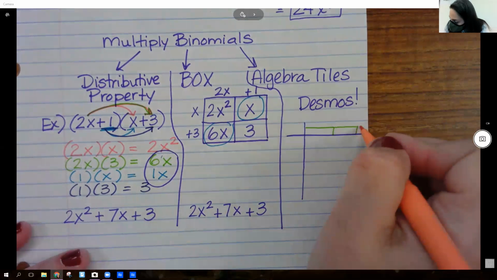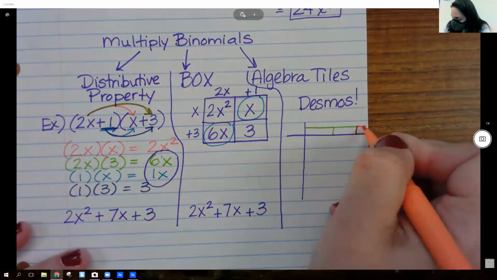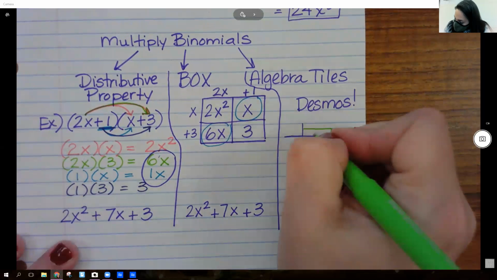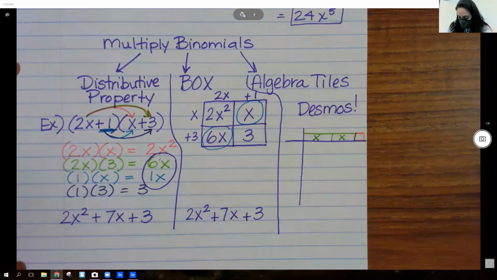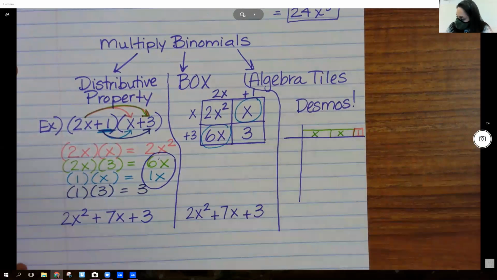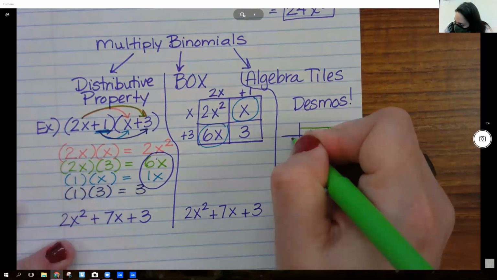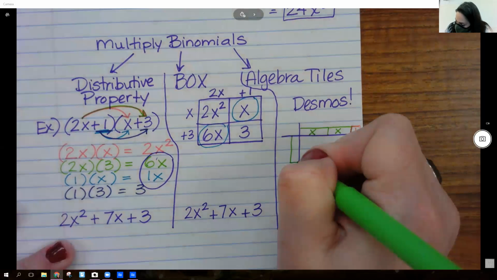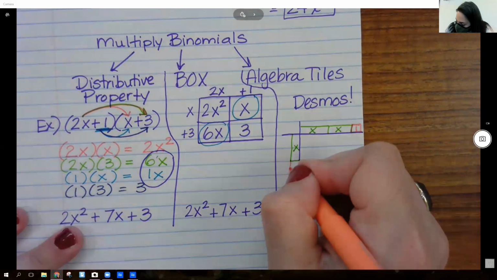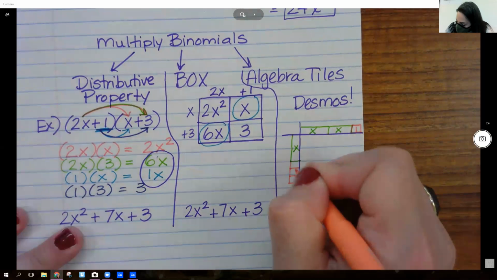I got a peach color, that'll be good enough, and a 1 right here, right? So this was x, x, and a little 1. And then if we have x plus 3 on the side, you'd have a long one, there's an x, and then you'd have 1, 2, 3, like that. And they're all 1s.